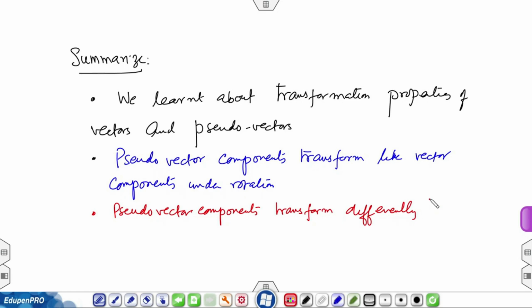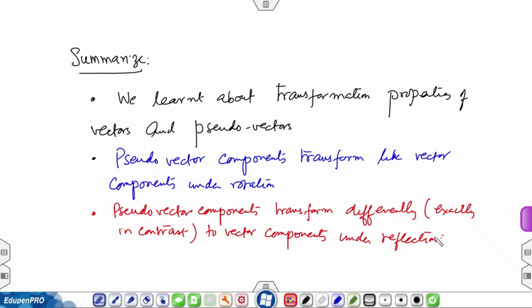In fact, we should say exactly in contrast to vector components under reflection.